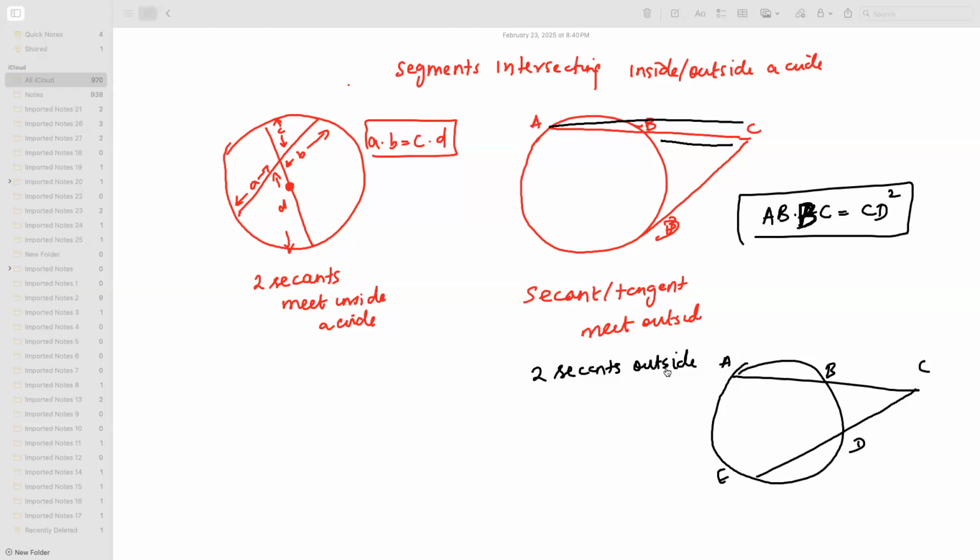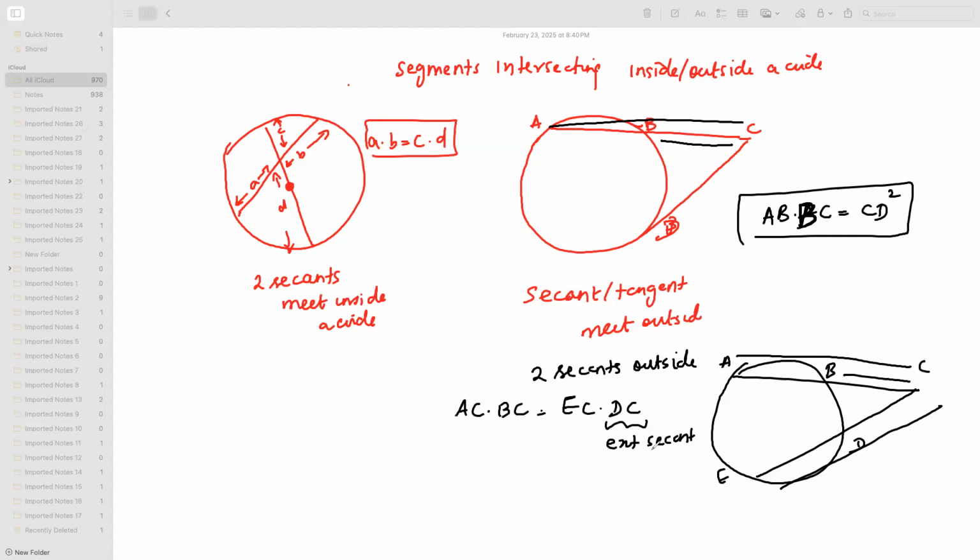The entire secant segment times the external secant segment will be equal to the product of the other one. Let me write it down: the whole secant segment times the external secant segment, AC times BC, will be equal to the whole secant segment EC times DC. This is the external secant segment.